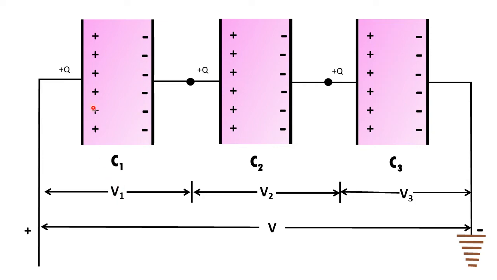Let V1 be the potential difference across the plates of first capacitor, V2 be the potential difference across the plates of second capacitor, and V3 be the potential difference across the plates of the third capacitor. Then the terminal potential difference of the battery V will be equal to V1 plus V2 plus V3.